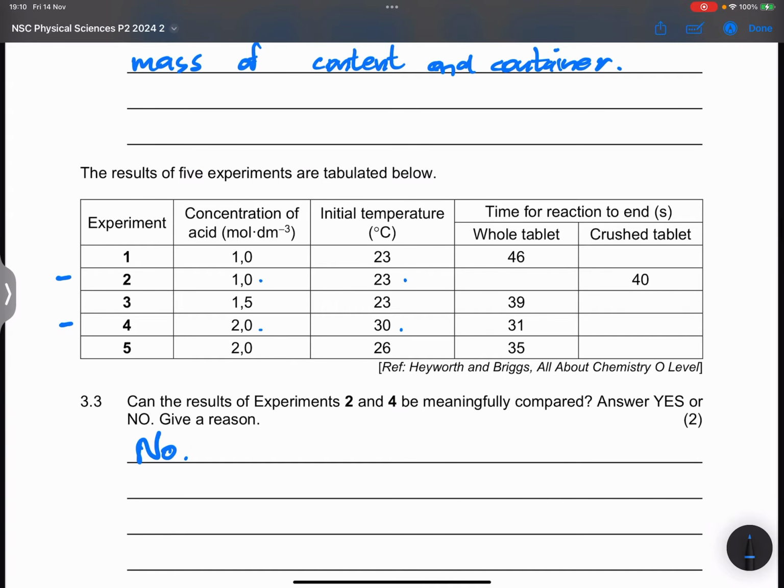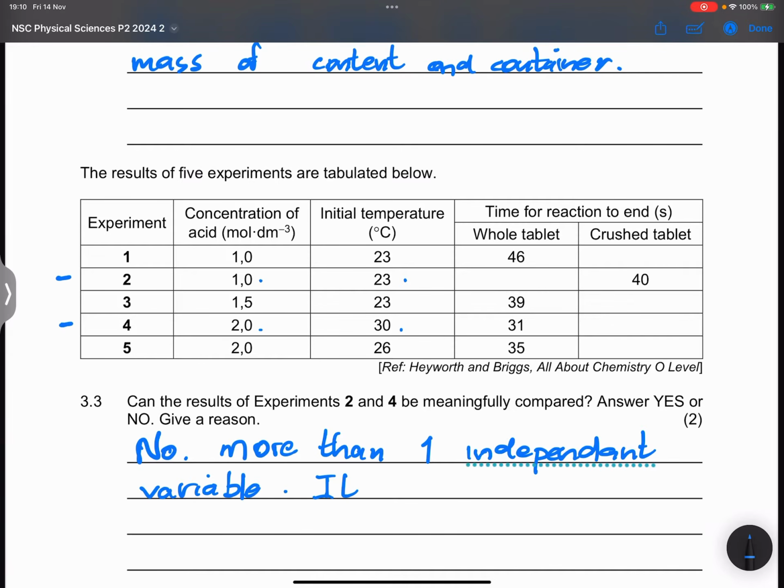And the reason for that is that there's more than one independent variable. Okay.